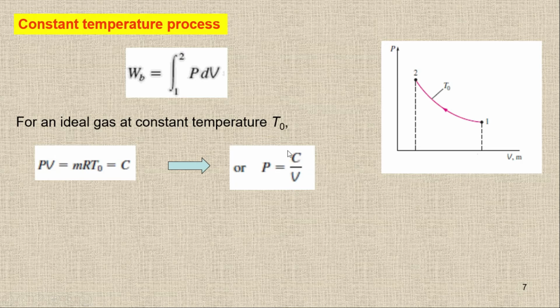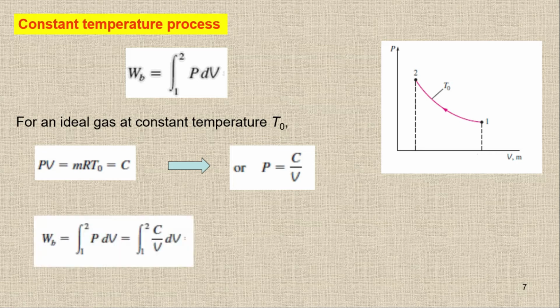If you remember, this is a law as well. Now if I change P to C by V, the boundary work is the integral of P dV, which is C upon V dV between limits 1 and 2. Now C is a constant value, so I can take it outside of the integral sign, and then it will be C times the integral of 1 upon V dV.